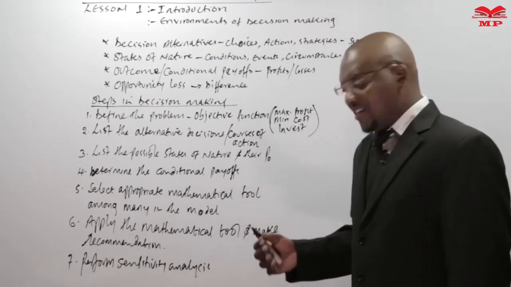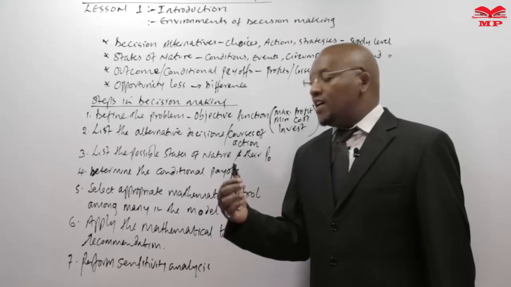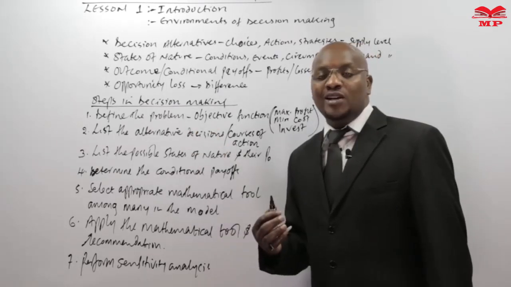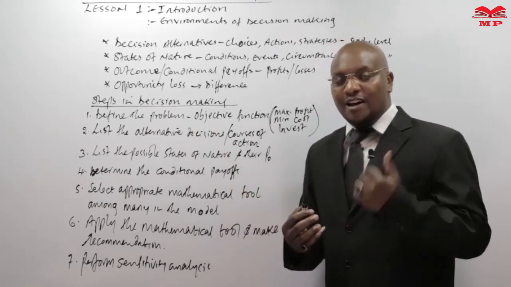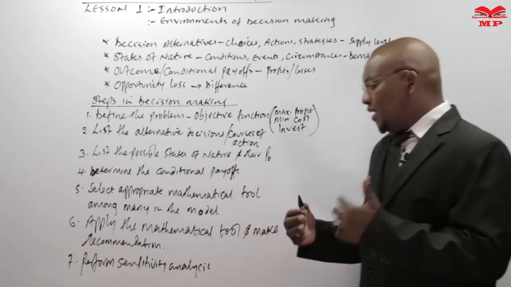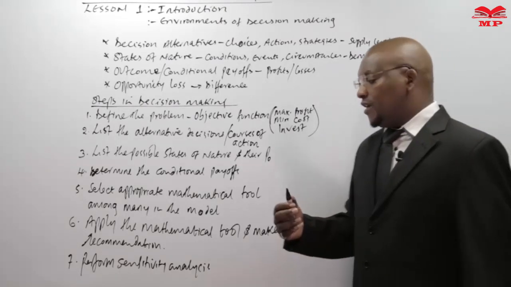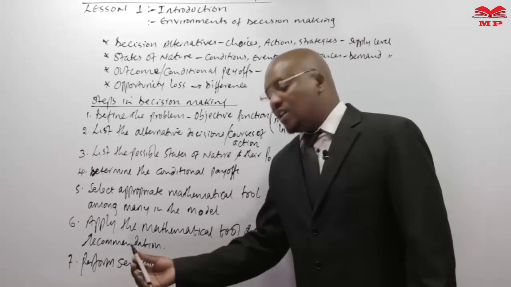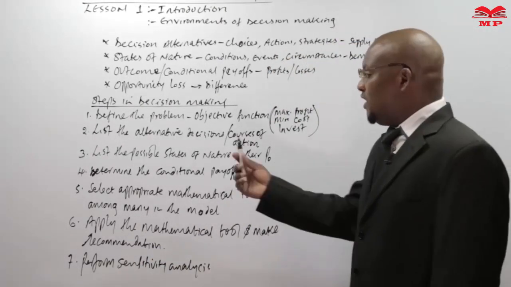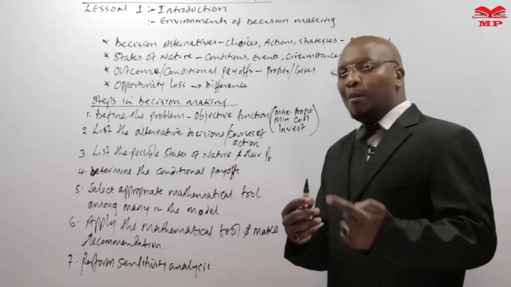You look at, supposing that what I'm banking on does not happen, and therefore the opposite happens. How much does it affect my decision? That is now the what if, or the post optimality. So we are looking at how sensitive our decision is, that if something changes, how much does it change?